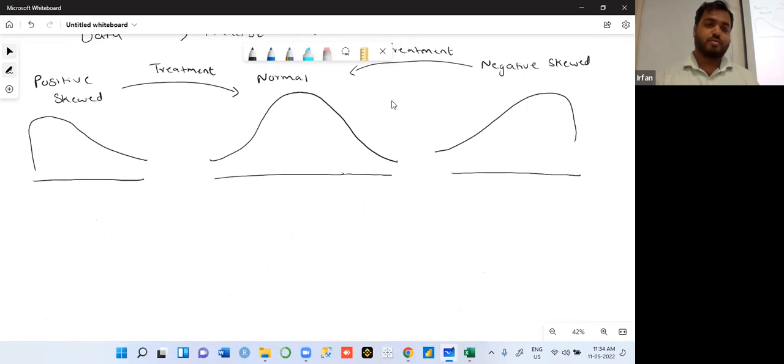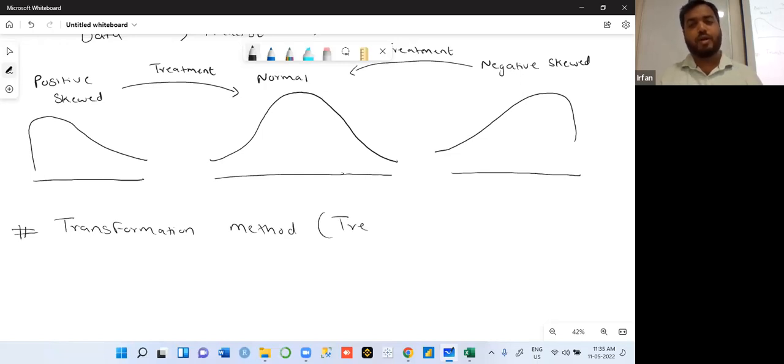Transformation method. We call it treatment. You write it this way, hashtag, and in brackets write treatment. You know this only, how to treat.